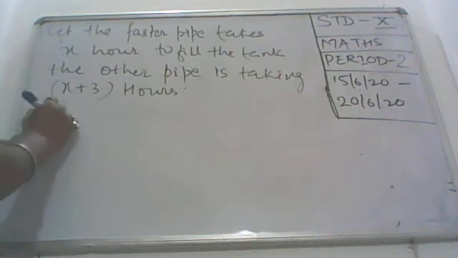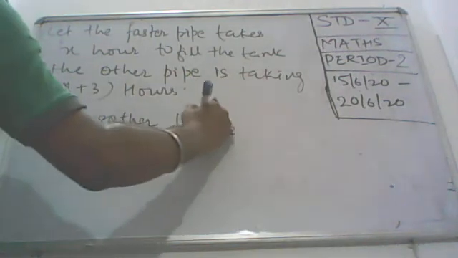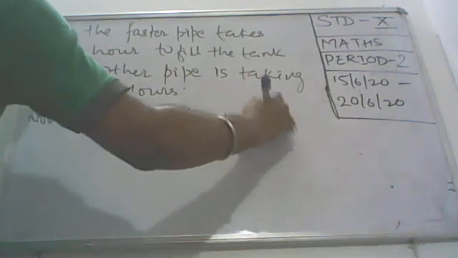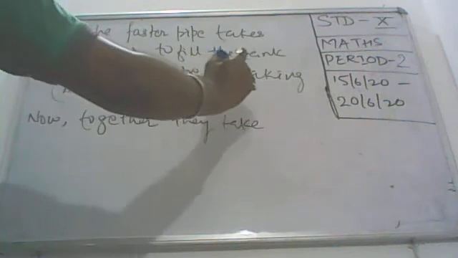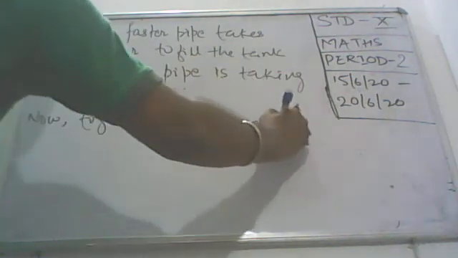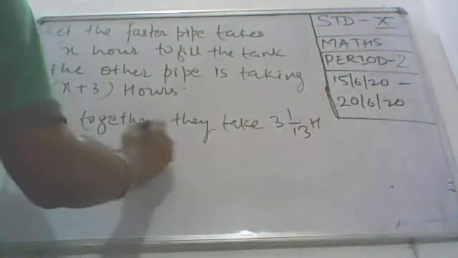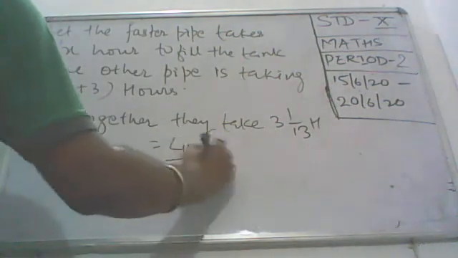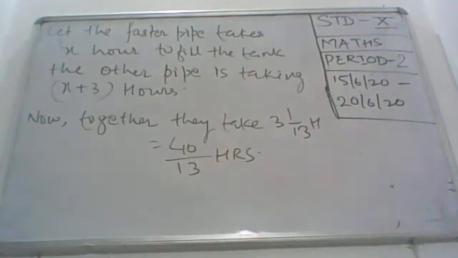Now together they can fill, how much time are they taking here? What is written there? 3 1/13 hours. That means 40 by 13 hours. Okay, this is the detail we have got. So first of all, in this type of question we have to find in 1 hour how much part will be filled.